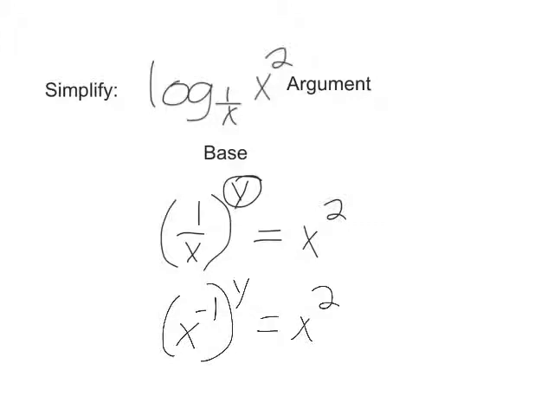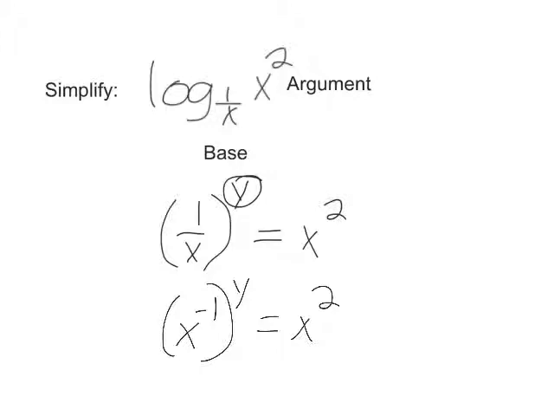Now that makes it a little bit easier to figure out what that y value needs to be, okay? Because what we have to do here is figure out how we can make our two exponents, when I'm raising x to the negative 1 to another power, how I can make that become the 2. Exponential rules say that when you raise an exponential expression like x to the negative 1 power to another power, you multiply those powers together.